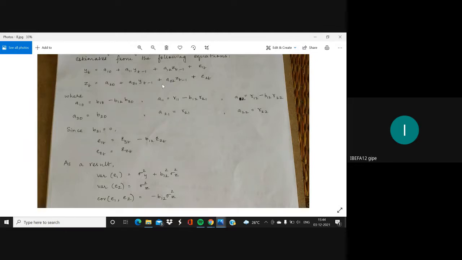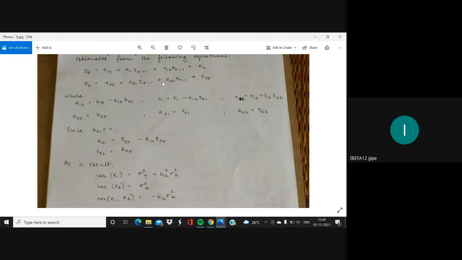Now, suppose you had 2 lags of yt and 2 lags of zt, and suppose you found that you don't want to include the second lag of zt, for example. In that case, there's another technique that you can use called seemingly unrelated regressions. I'll try and explain that at the end of tomorrow's class.